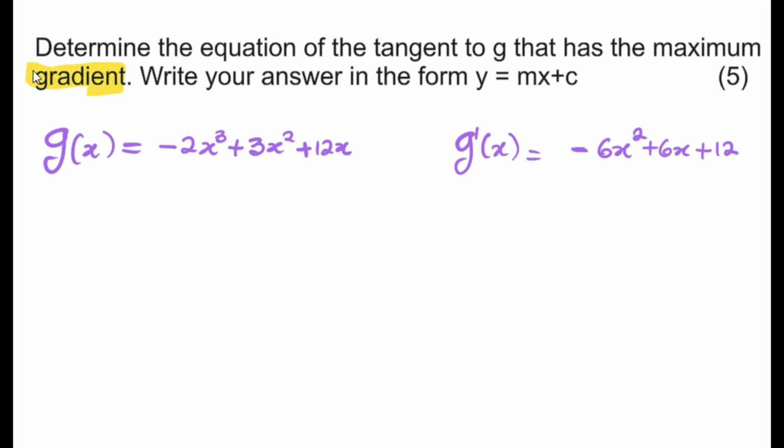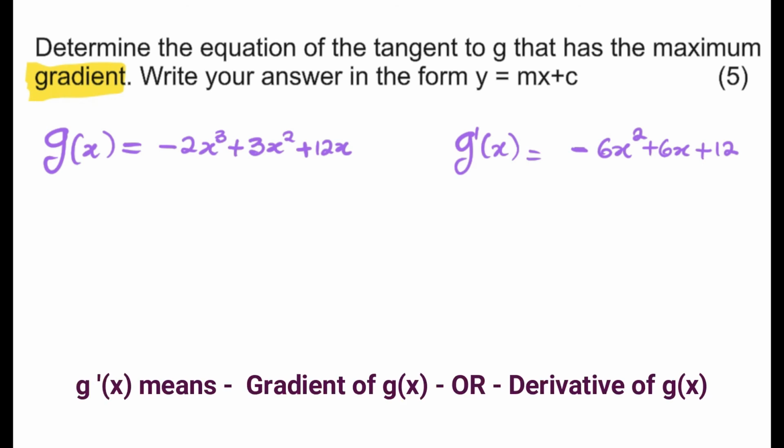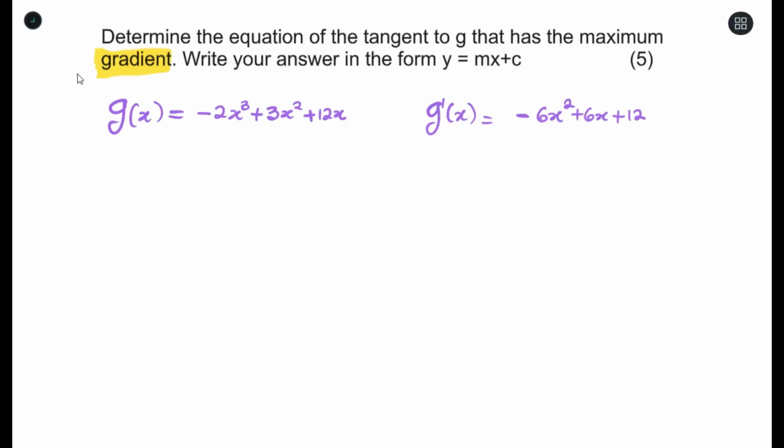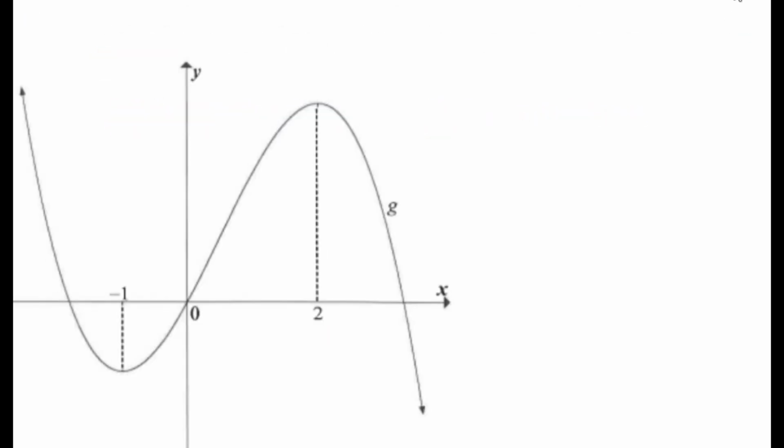Now, the gradient they're talking about over here actually means your derivative. The derivative of your function is also the same thing as the gradient. But they don't just want the gradient, they want the maximum value of your gradient. Now, if you go back to the curve, this graph here is negative, and it is going to create a negative derivative, which would look like this.